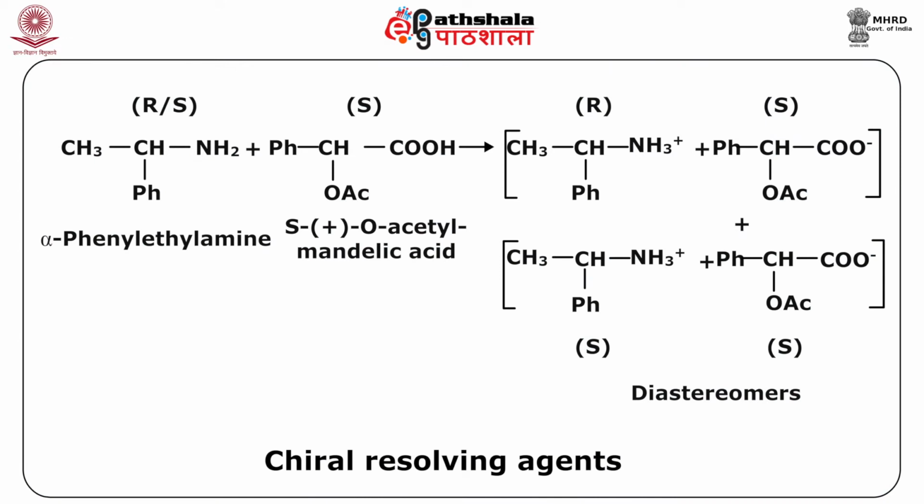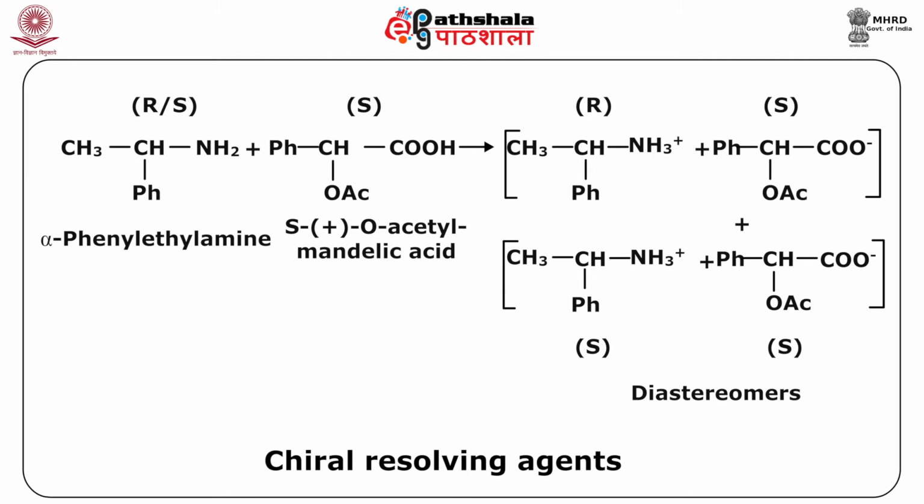Suppose we have a mixture of R and S isomers of alpha-phenylethylamine. When an optically pure chiral resolving agent like S-(+)-O-acetyl mandelic acid is mixed with the mixture, two diastereomers are formed, that is, RS and SS.